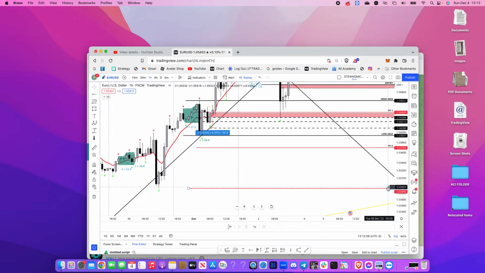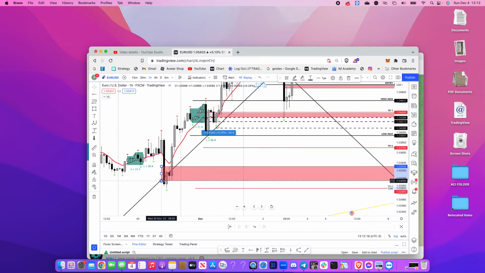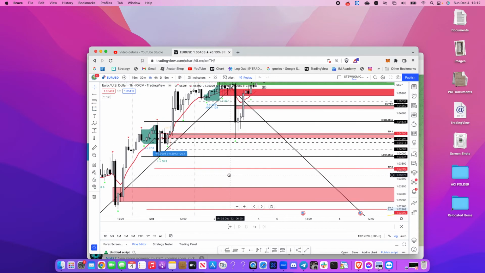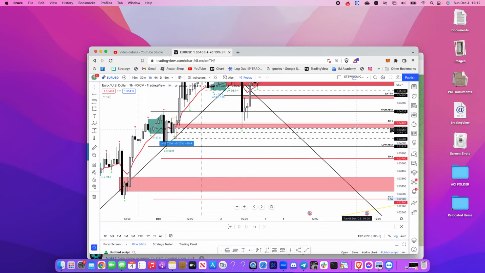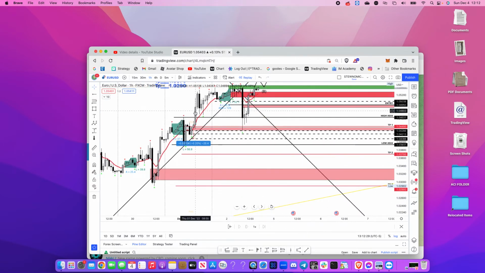If your TP3 is here, just a little thing, look what we got over here. That might be an area of interest. Just saying, this might be an area of interest. The market could very well come down here, depending on the strength of the dollar, because that's another thing you have to check.